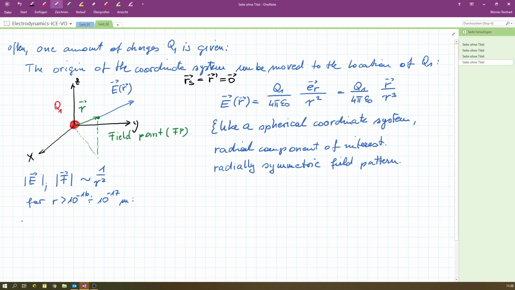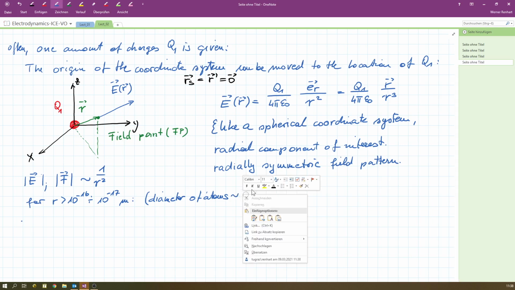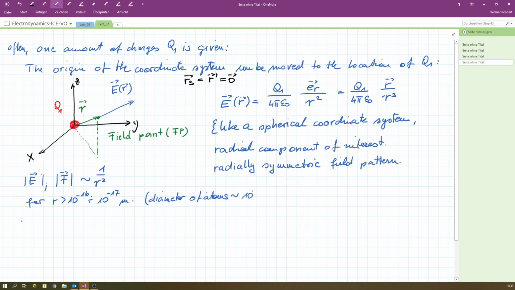For smaller, you should keep in mind that the diameter of atoms is in the vicinity of 10 powers minus 10 meters, so in angstrom meters.